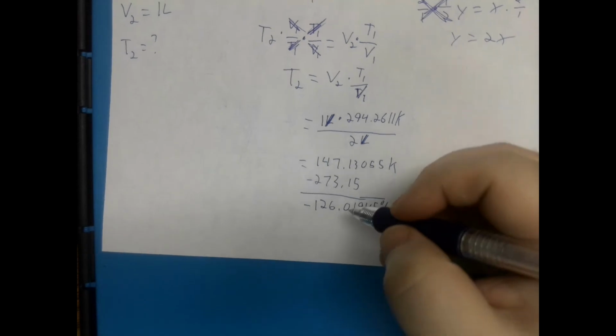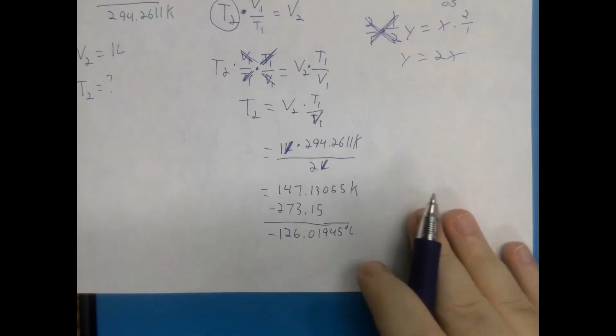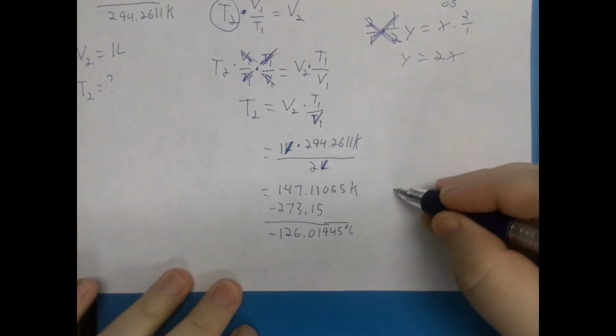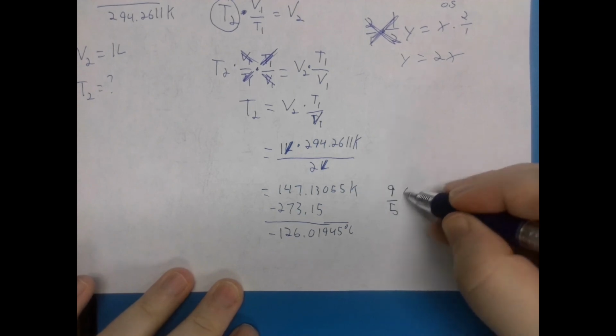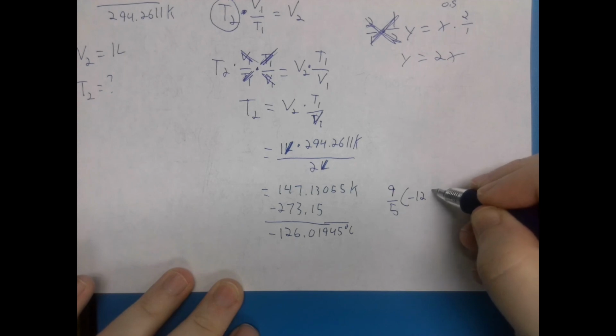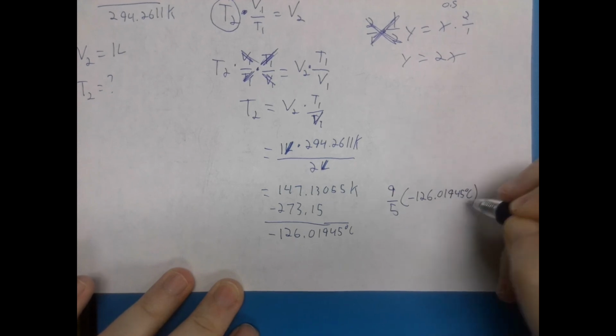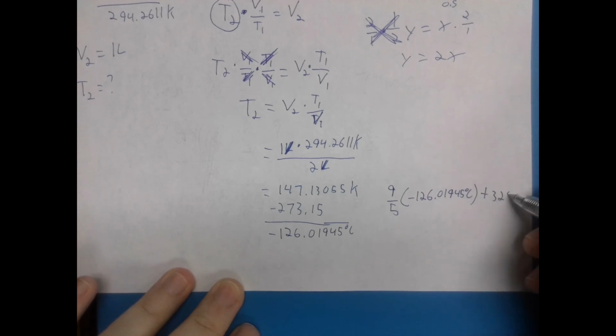And then to convert this into Fahrenheit, we take this number, we do 9/5 times negative 126.01945 degrees Celsius, and we add 32 degrees Fahrenheit.